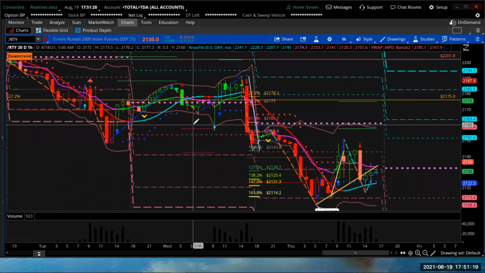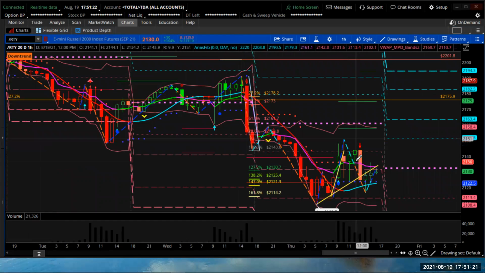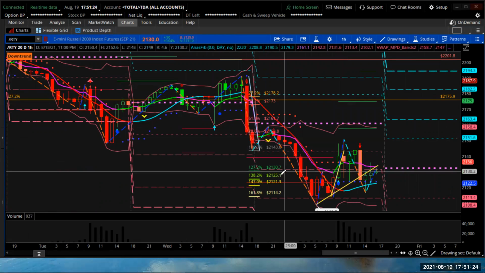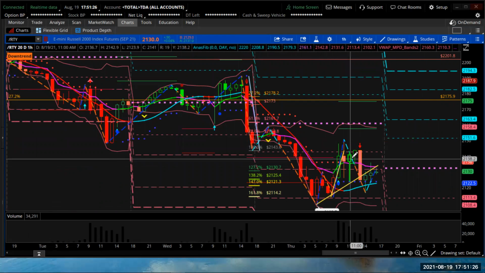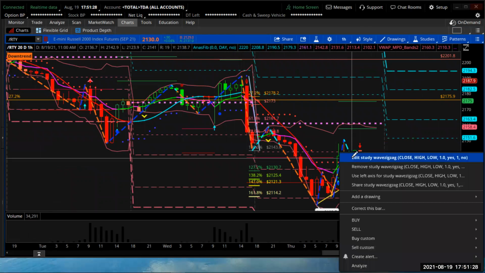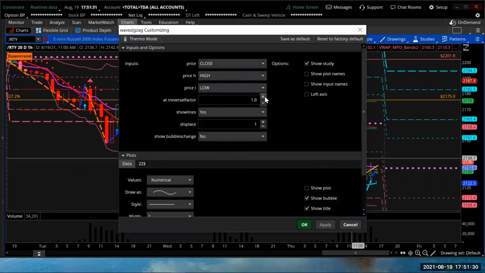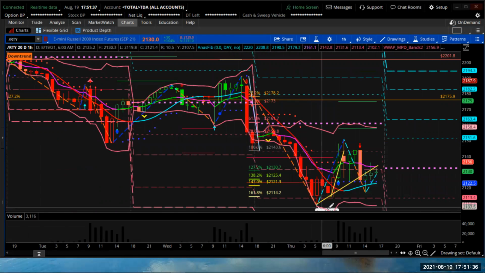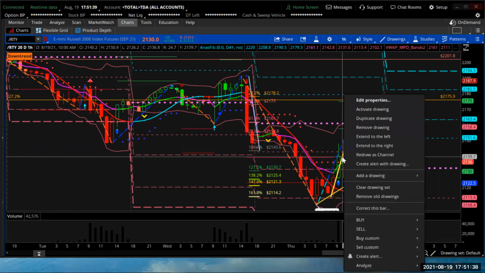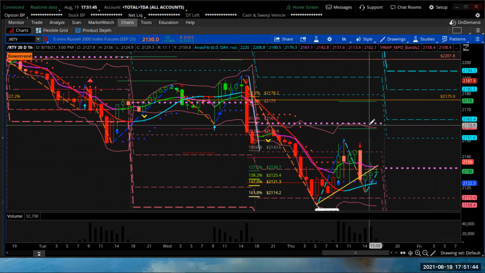So we have an M pattern from here to here, and this is like a W pattern that's forming. So you have these here, and let me change that. It's a 1.0 right now. If I change that to 1.5, at any time, this here, let me cancel that, we'll remove the drawing, whatever.